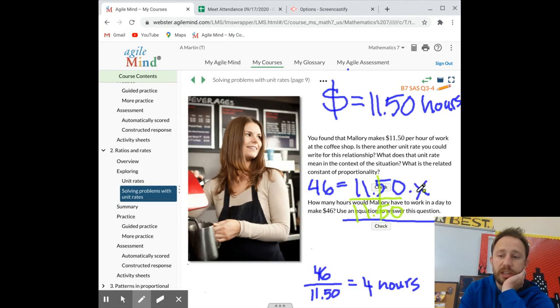And 1 times x is just x. I'm left with 46 divided by 11.50, because anything that I do to one side of an equation, I have to do to the other. And so x becomes 4 hours.